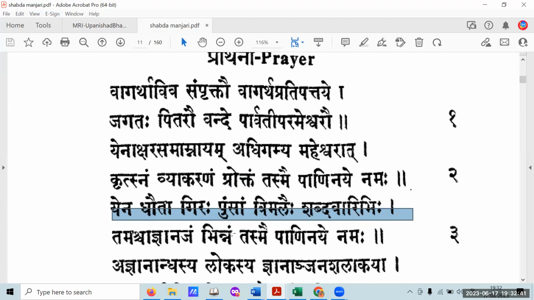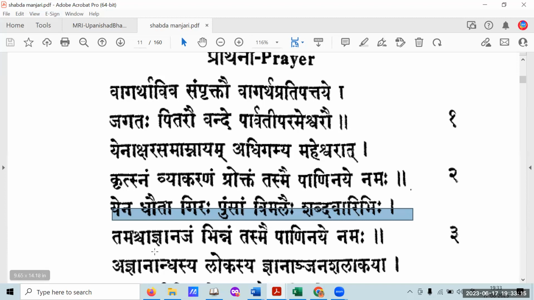Giraha, words of people, were washed. By what? Vimalaihi shabdavaribihi, by the clean words, without any mala. By Panini's grammar, these words have been washed, which means they're clean now. Words are not bad, they're clean, they're well made.